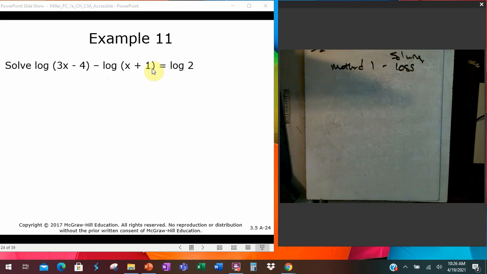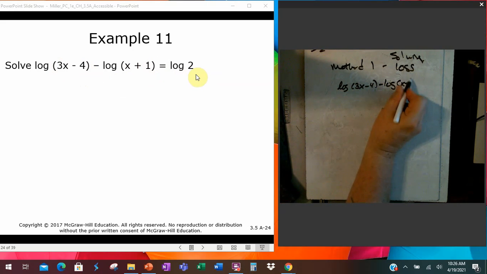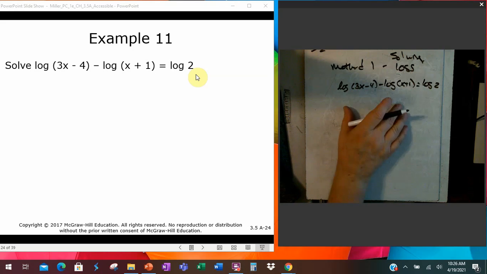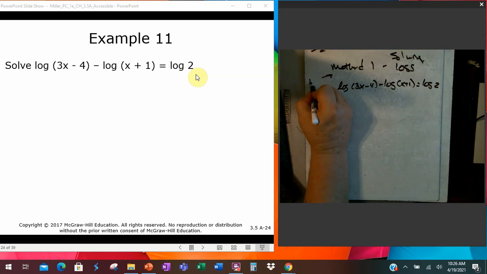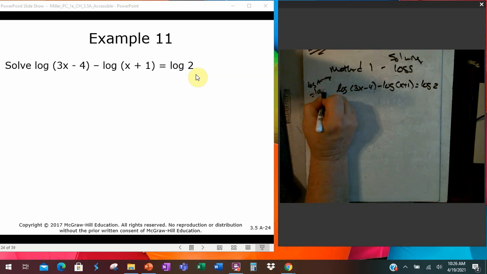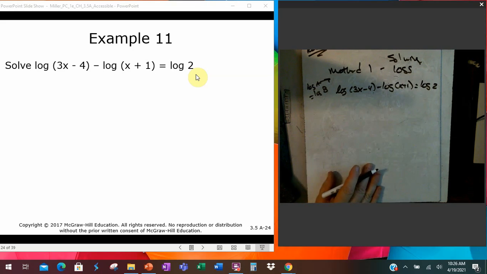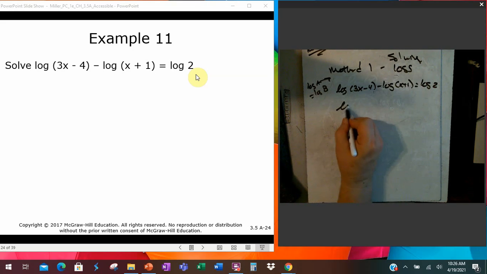I see logs on one side, logs on the other. I want to bring these logs back together and then solve. So I've got the log of 3x minus 4 minus the log of x plus 1, and that's equal to the log of 2. Method 1 says I've got to have log A equal to log B. This is 2 logs, but I can bring them back together.